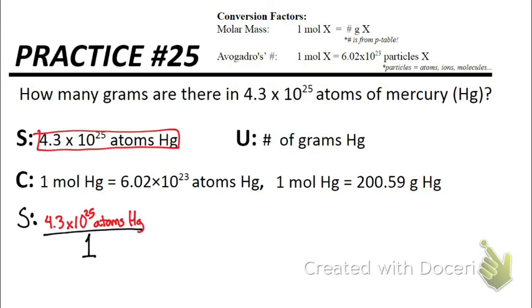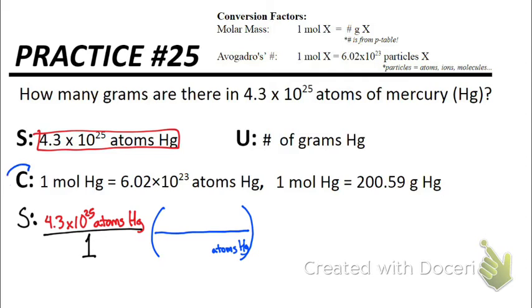I know that I'm going to be multiplying it by some sort of conversion factor, so we need to figure out what numbers are going into this conversion factor. Well, what's on top must come down. So if I have atoms of Hg on top, I need to have atoms of Hg on the bottom. I'm going to write that down. Well, how many atoms?